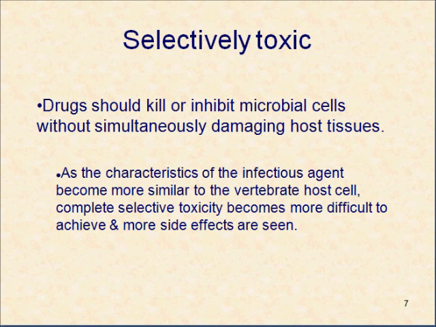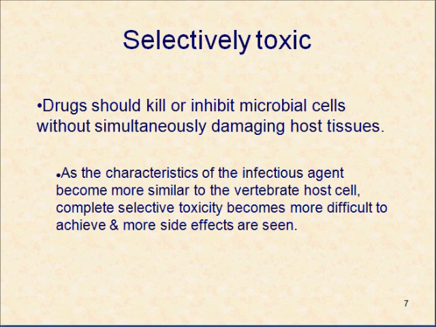So let's talk about selectively toxic. Drugs should kill or inhibit microbial cells without simultaneously damaging the host cells. The issue that comes into play there is that as the infectious agent becomes more similar to the host cells, the more likely it is that there's going to be some toxic effects.